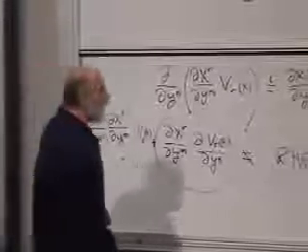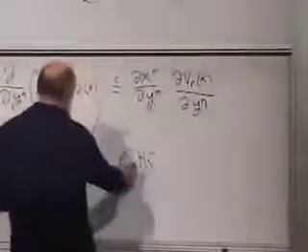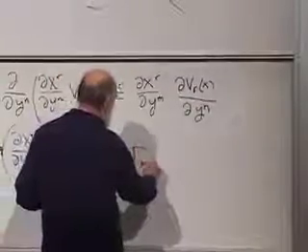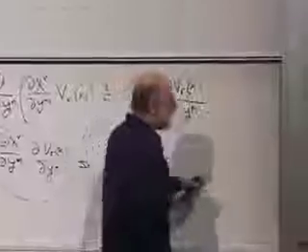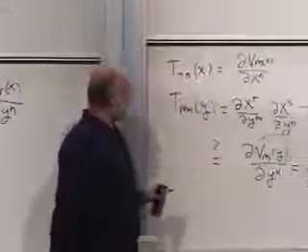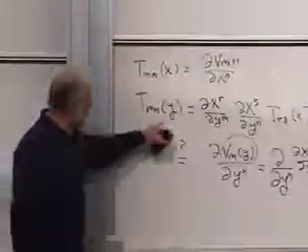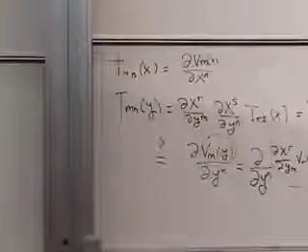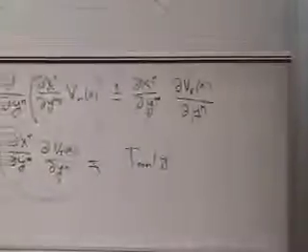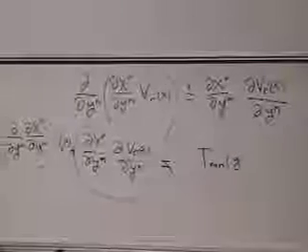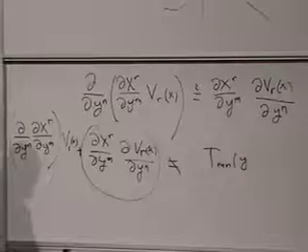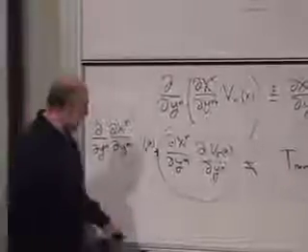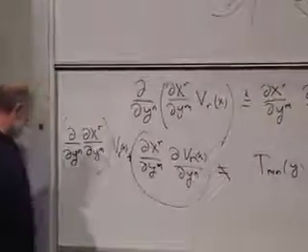Let's see. The right-hand side is, by definition, T^mn of y. I just read it off here. Assuming this is T^mn of x, then this must be T^mn of y because it transforms in the right way. I forced it to transform in the right way. And what we see is that it has this extra term over here.